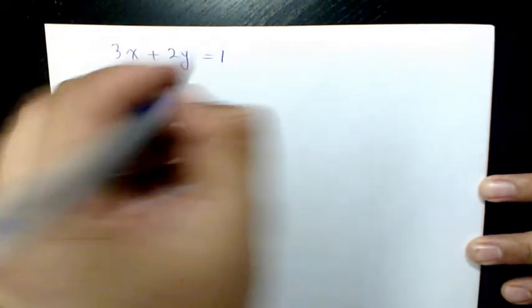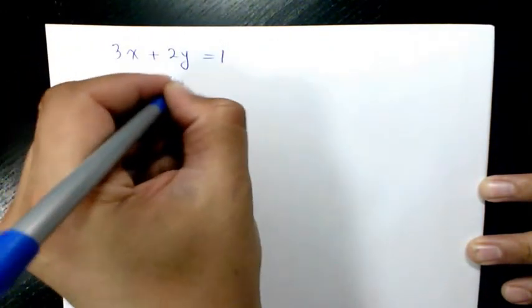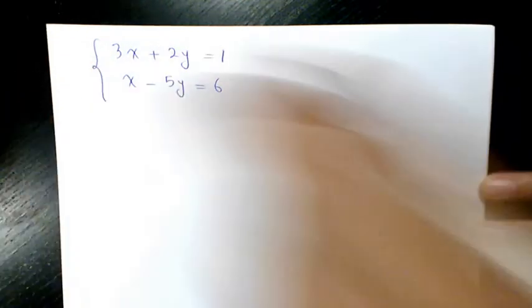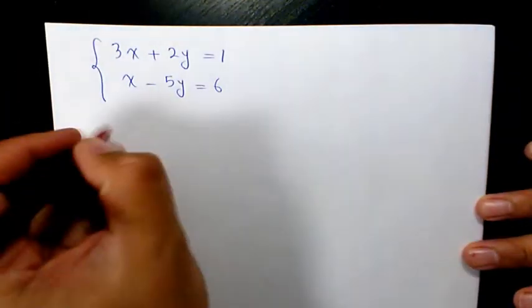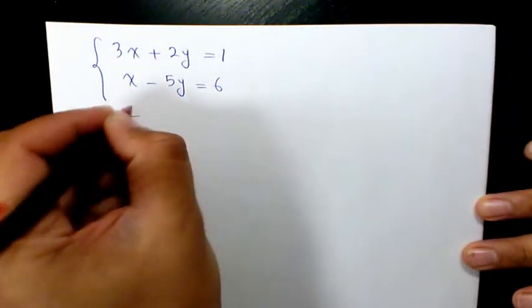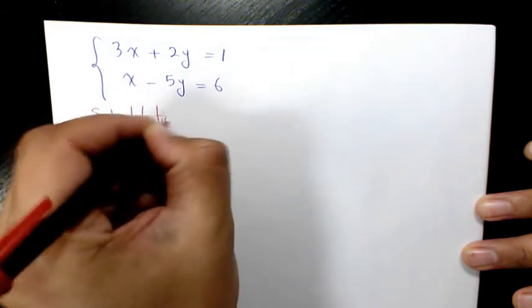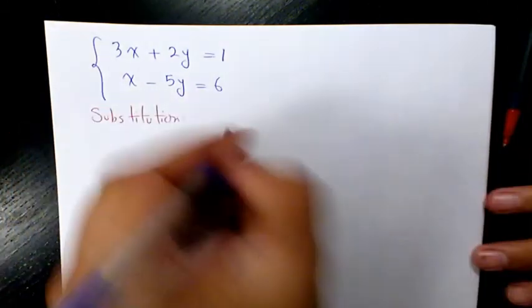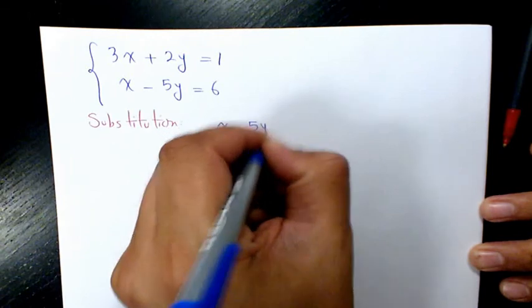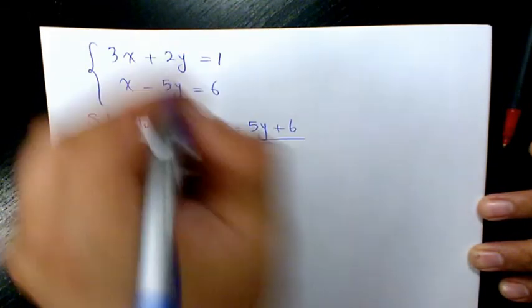Next example is going to be 3x plus 2y equals 1 and x minus 5y equals 6. I will start with the substitution method. So we have x equals 5y plus 6. Sub it there.